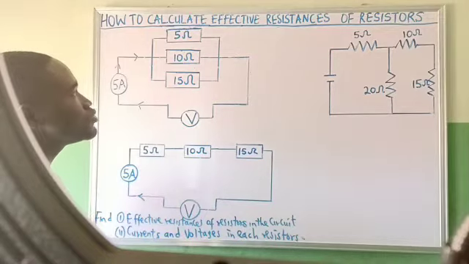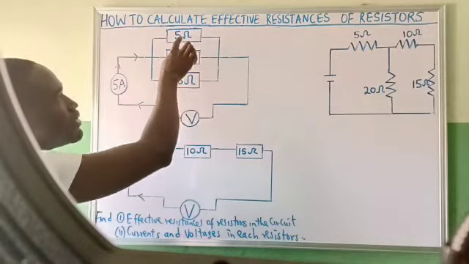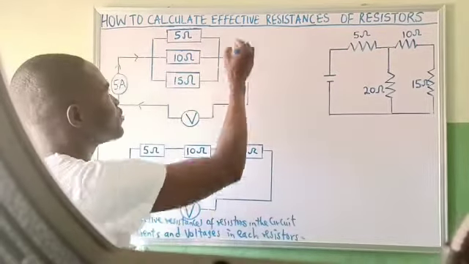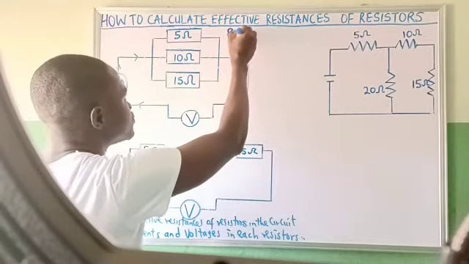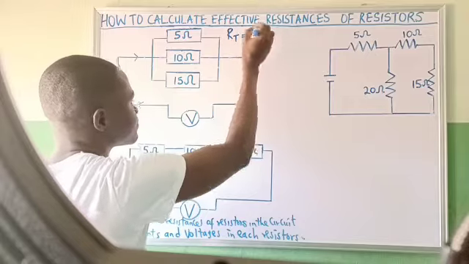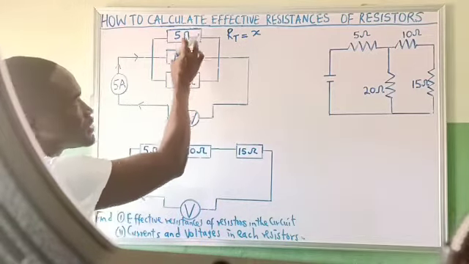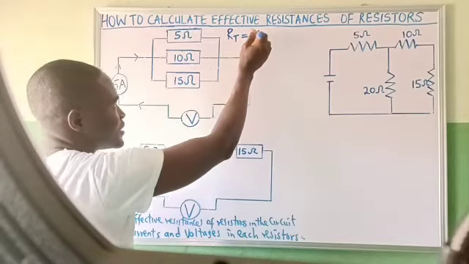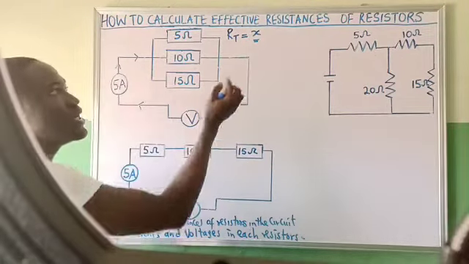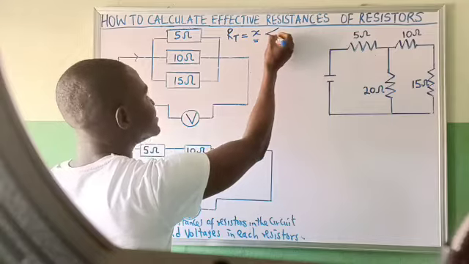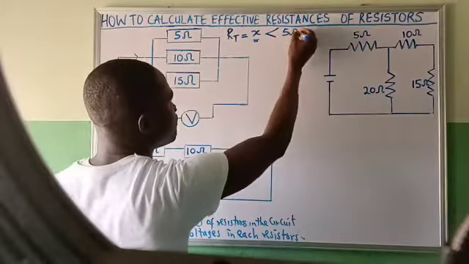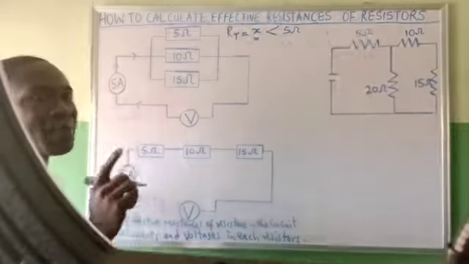It is important to note that when you calculate the effective resistance of these resistors and you get your answer, let's say RT equals X, that X must be less than the lowest resistor, which is 5. If it is not less than 5, that means you are wrong.